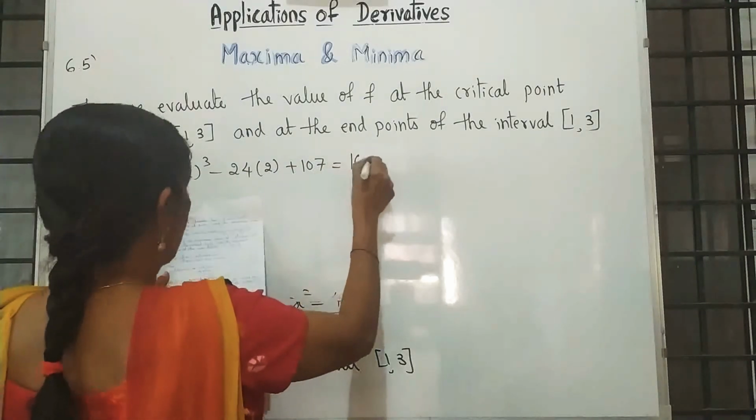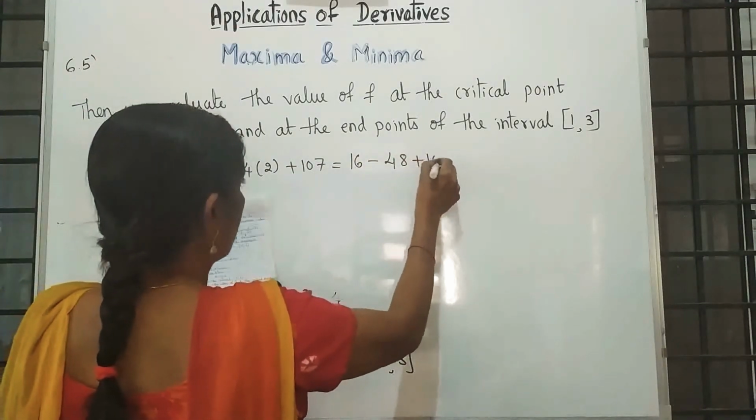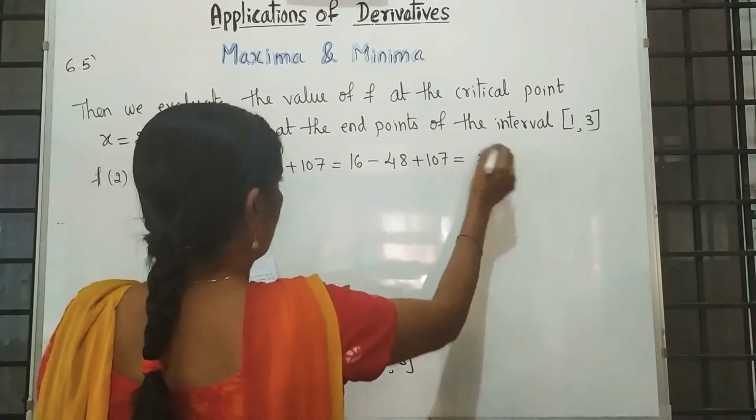That is 16 minus 48 plus 107. That is nothing but 75.